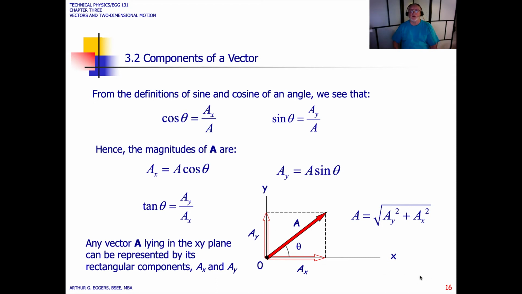Because what we're going to be doing is adding these vector components together, all the y components, all the x components, and then we're going to put them back together using the Pythagorean Theorem and the inverse tangent of theta, and come up with a hypotenuse or a resultant for our solutions.